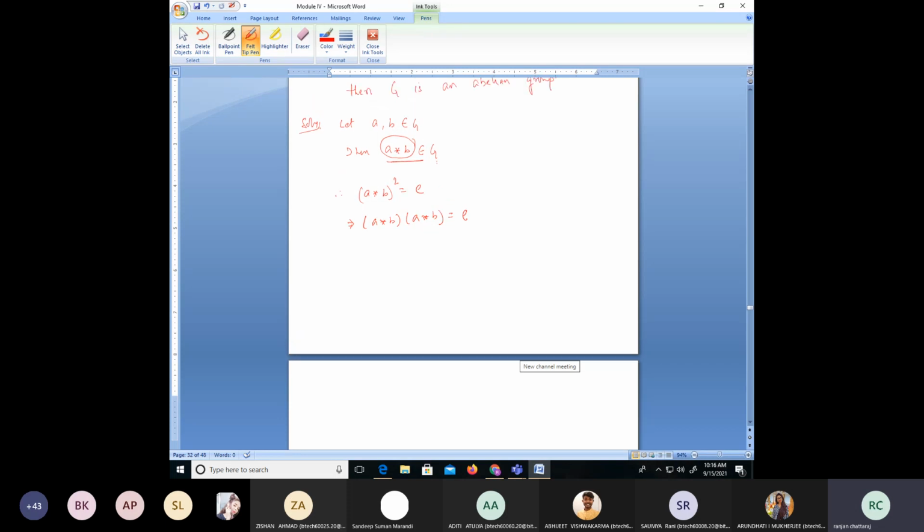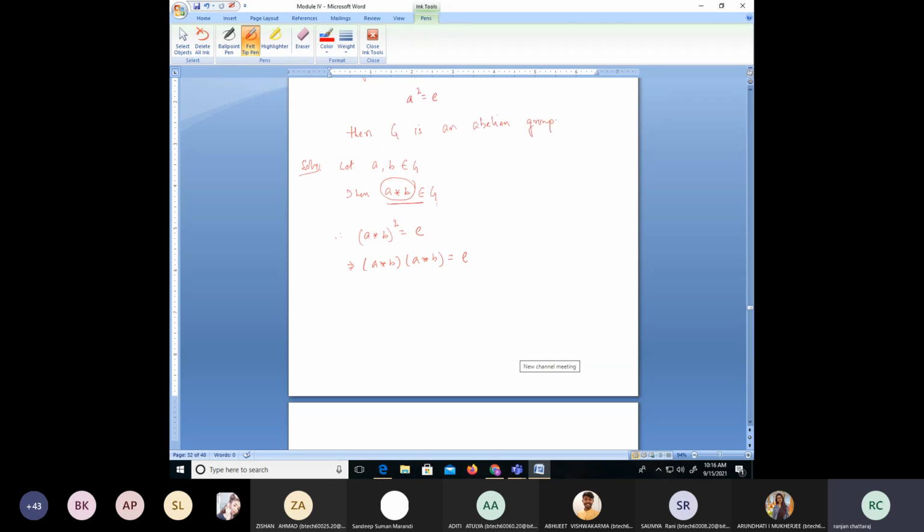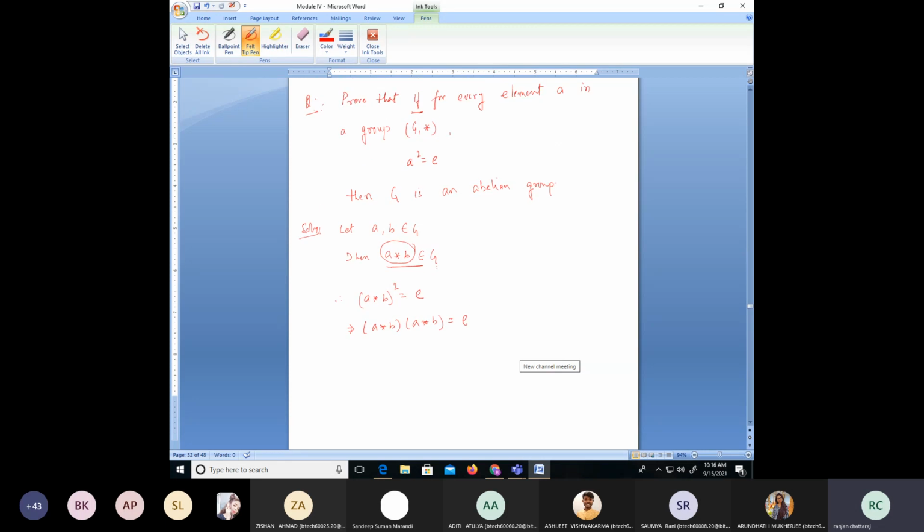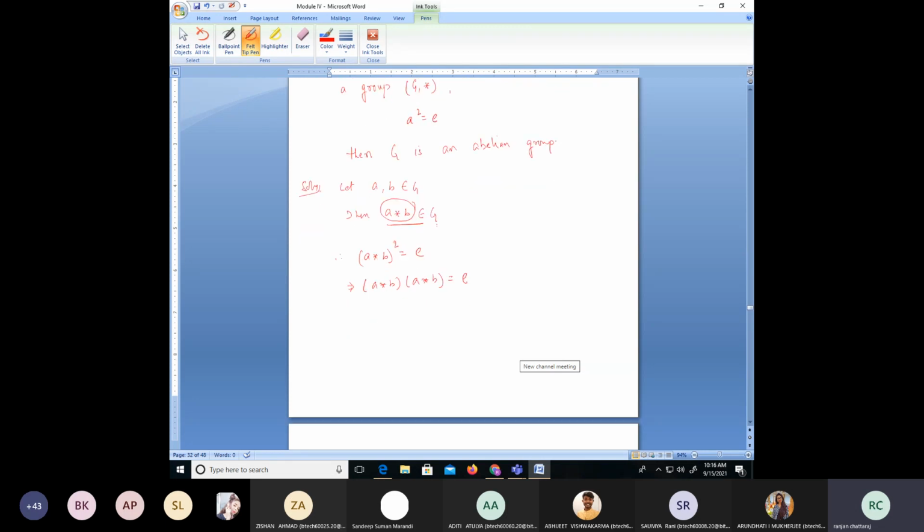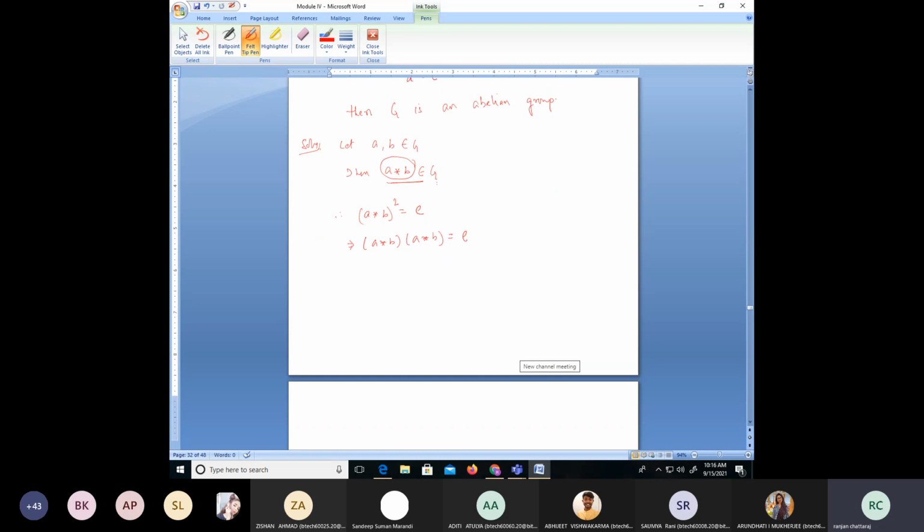Since it is related to the order, that's why I again recall these problems. You can see the previous notes, where I have proved this problem. One more thing: suppose A into B is equal to E, is there any relation between A and B if the product of these is E?